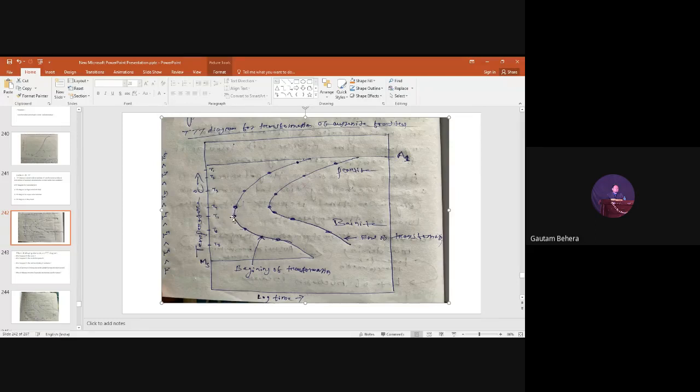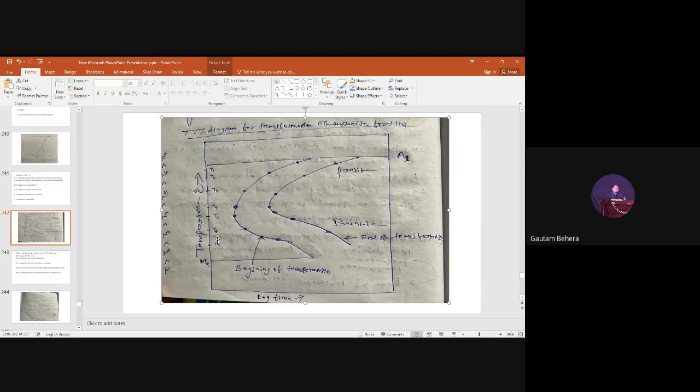But if you go to a temperature below T5, you can see that the incubation period is again increasing. It is following this trend. Why? Because T6, T7 are very low temperatures. The temperature is very low, undercooling is very high, the driving force is very high, but the problem is that the rate of diffusion is very low, because the temperature is very low.